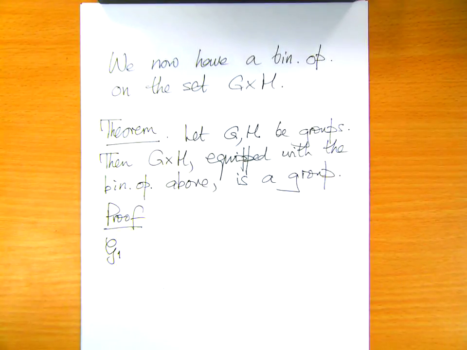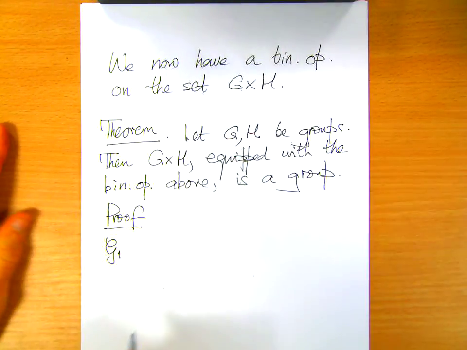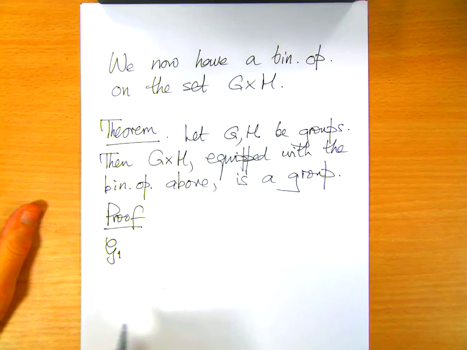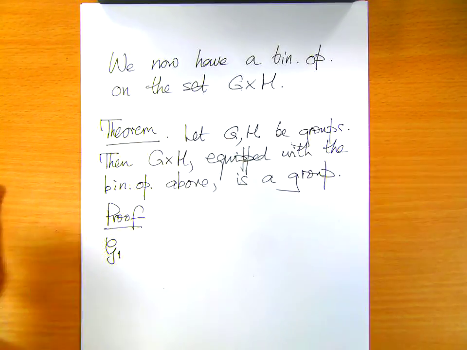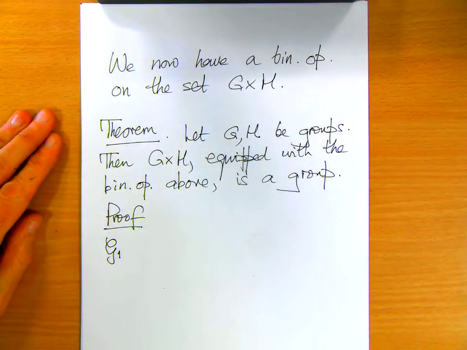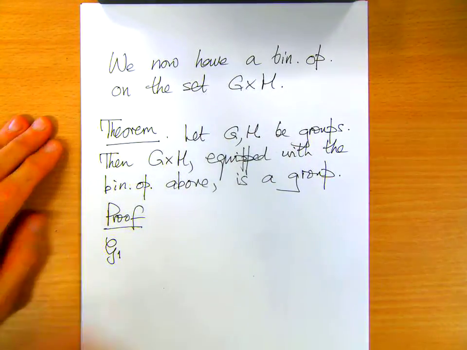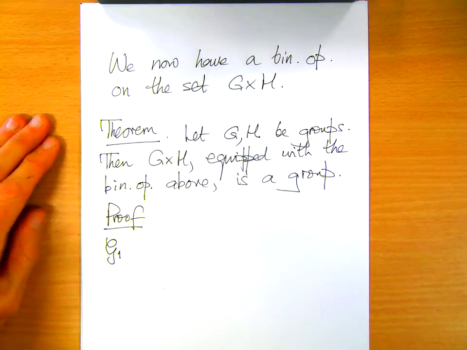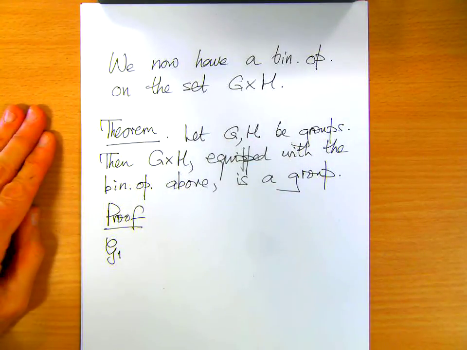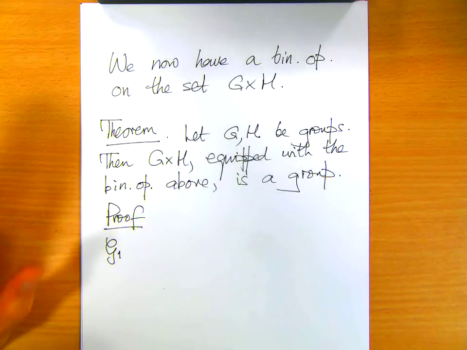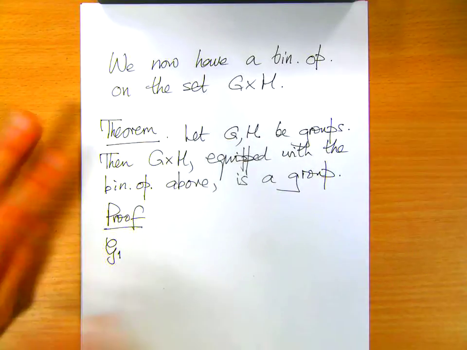So G1, remember, is associativity. And this is not an exciting proof in a way, because everything just works as you want it to. There are no surprises here, but I think we ought to go through it. G1 is about associativity. To prove something about associativity, we need to take three elements, remember.